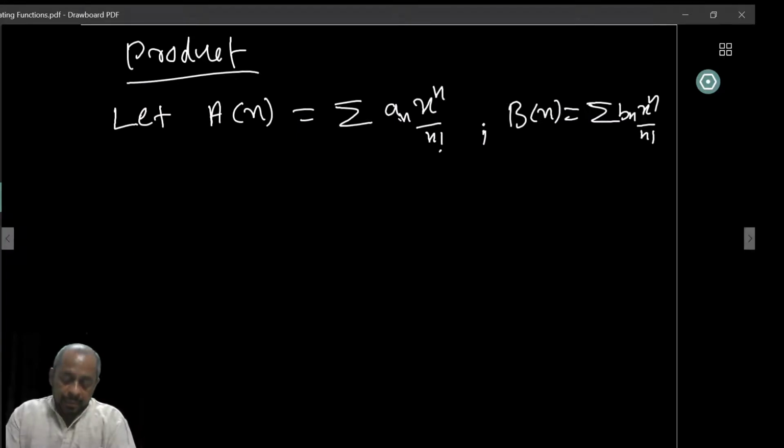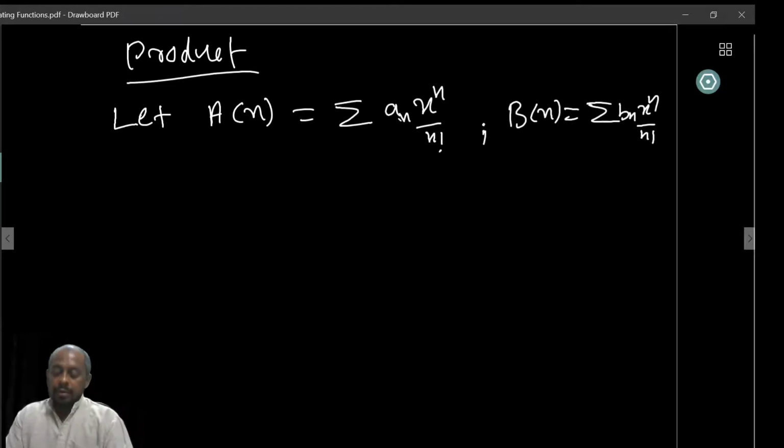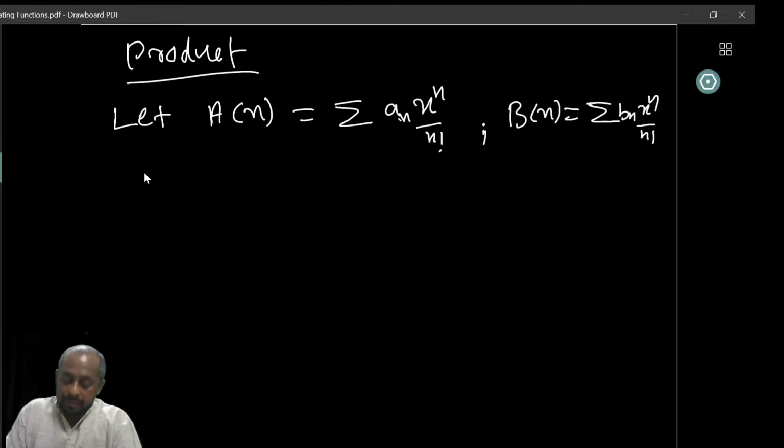Now let us look at the product of generating functions and what happens in this case. So by our definition, what is the product? Product of two series, let's say A(x) is equal to the summation of a_n x raised to n by n factorial, and B(x) is equal to the summation of b_n x raised to n by n factorial.